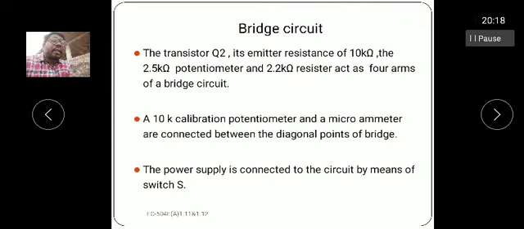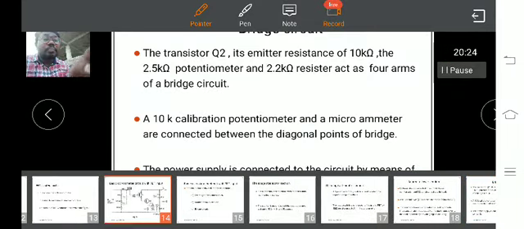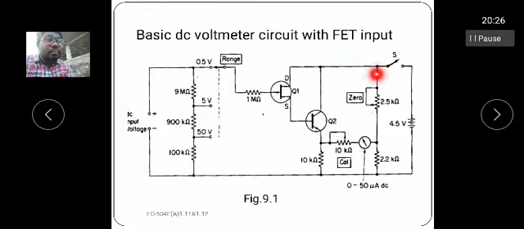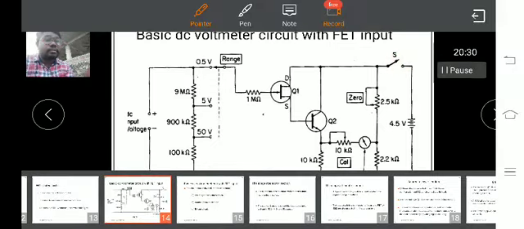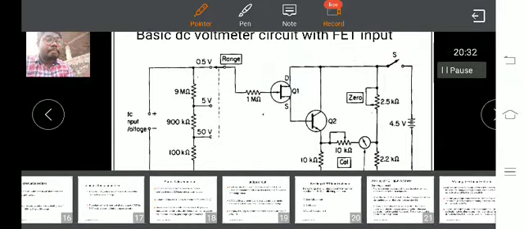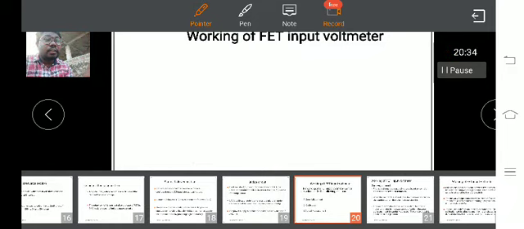The power supply is connected to the circuit by means of a switch. Here we have the switch. This is the bridge circuit.